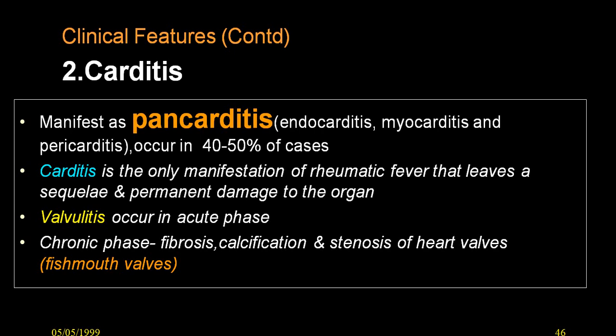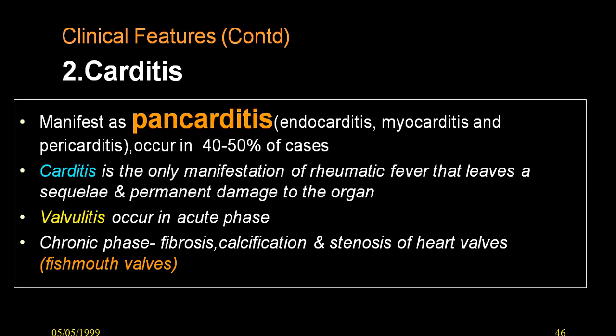And once it starts healing, it will end up with fibrosis, calcification, and there may be stenosis of the mitral valve, which is called fish mouth appearance, and because of fibrosis and calcification, maybe mitral regurgitation. But pure mitral regurgitation is absolutely rare.